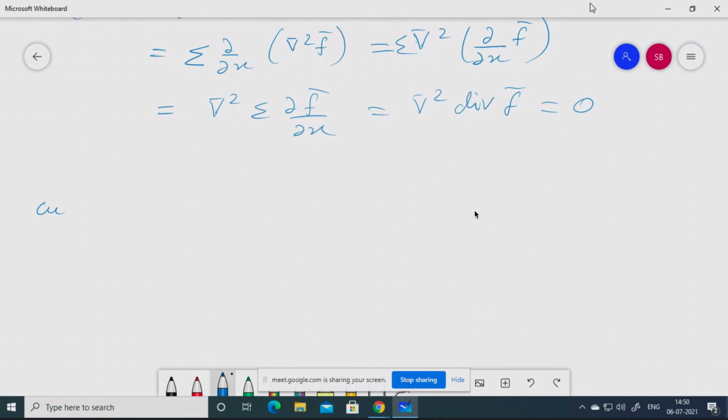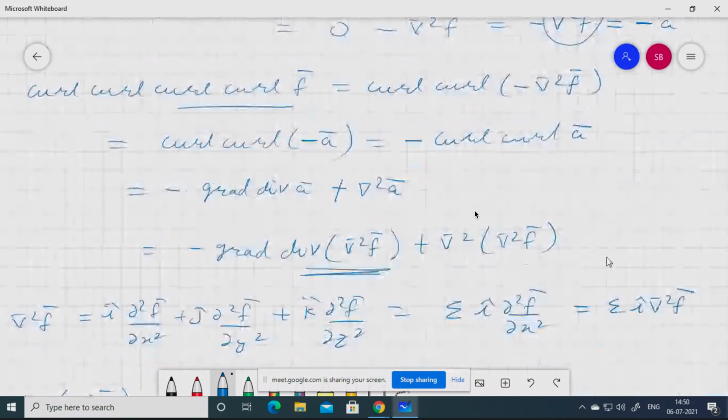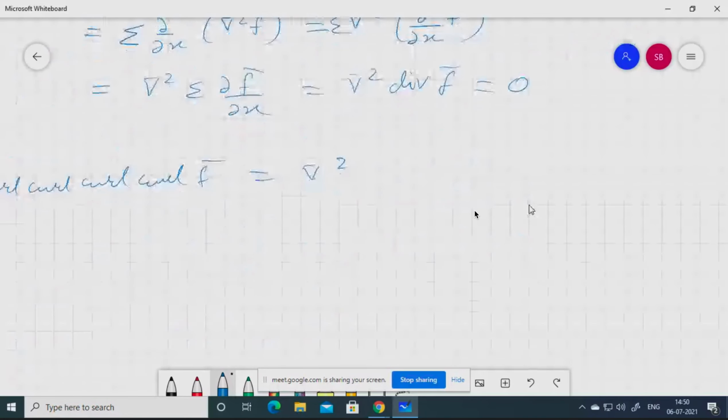So overall, curl of curl of f bar is equal to del square, del square f bar.